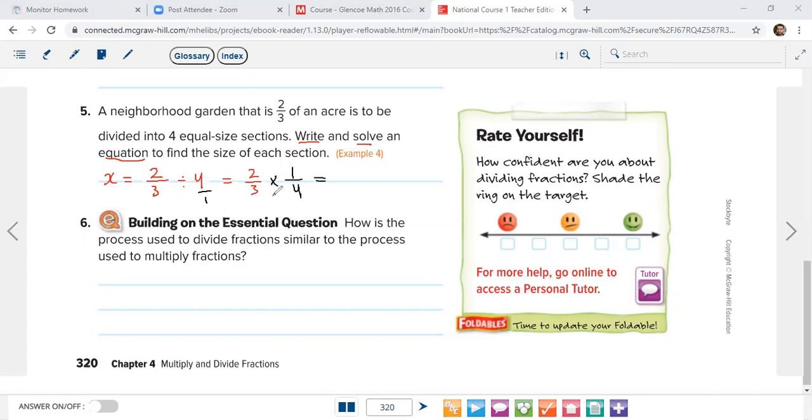We can use cancellation or we can use normal multiplication. So divide by 2 is 1, divide by 2 is 2. So this will be 1 over 6 of an acre.